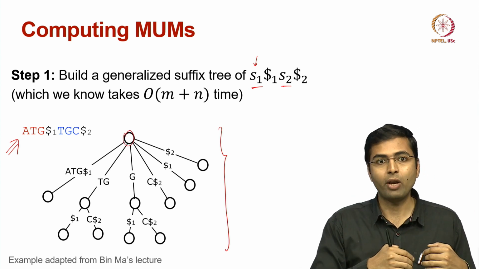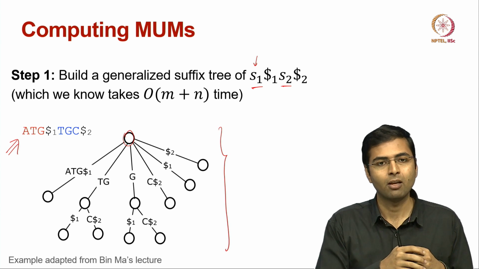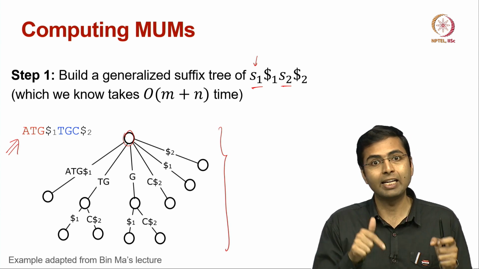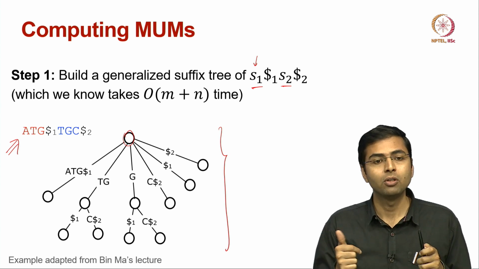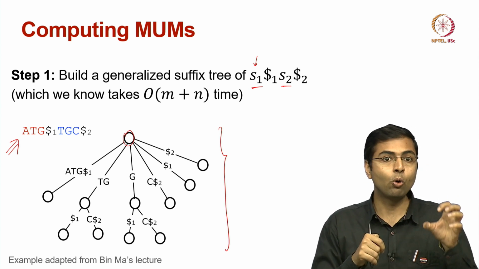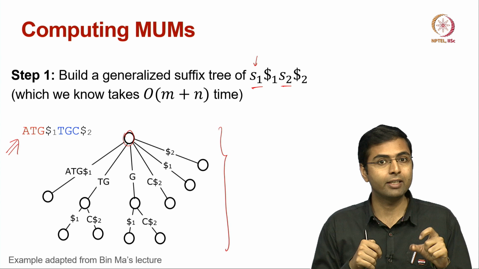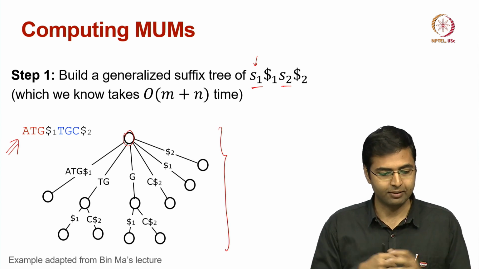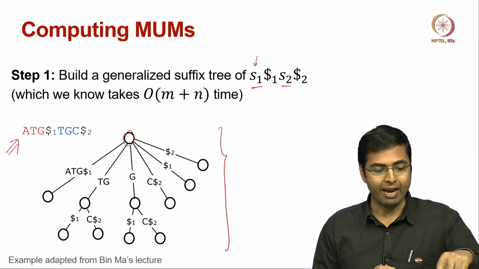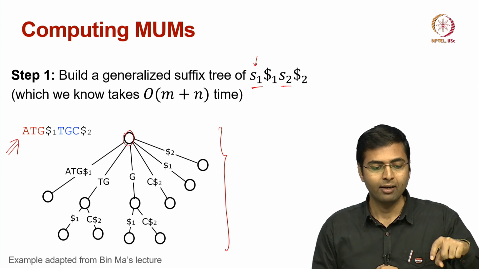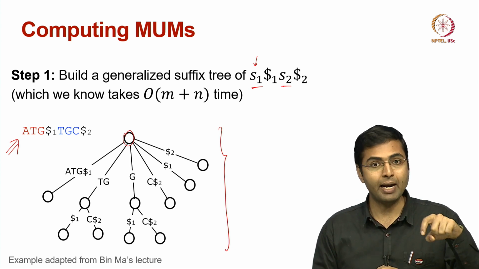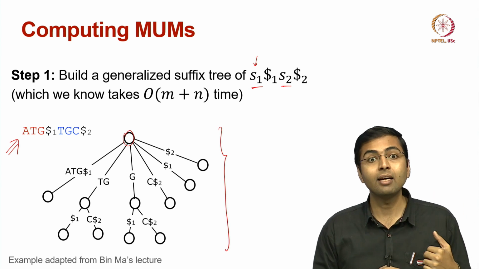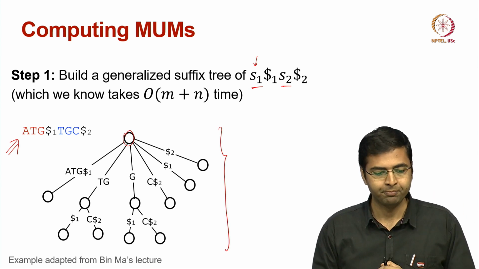Every substring will be spelled as a path, because suffix trees spell suffixes of S1 as well as S2. Each path from the root node to a leaf node represents a suffix of either S1 or S2, and we cover all the suffixes. Therefore, every substring can be spelled as some path from the root node towards the leaf nodes.